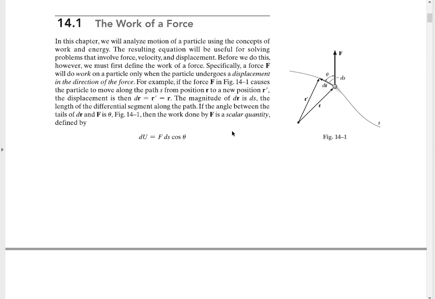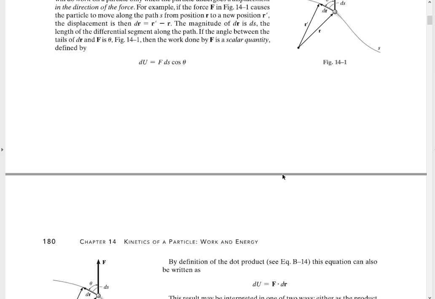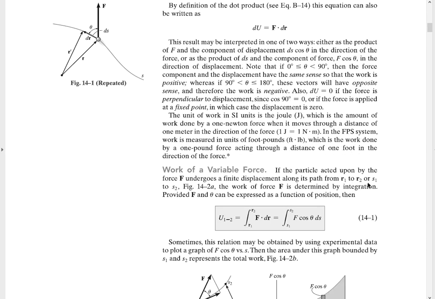It is zero effect when the angle is pi over 2 or 90 degrees, and it's negative past 90 degrees and has the maximum negative value, that is, the minimum, for theta being 180 degrees, that is, the force opposes motion. It's against the motion of the particle for an angle equal to 180 degrees or pi.